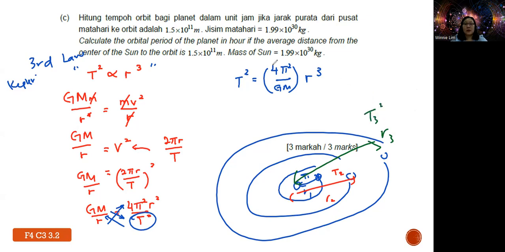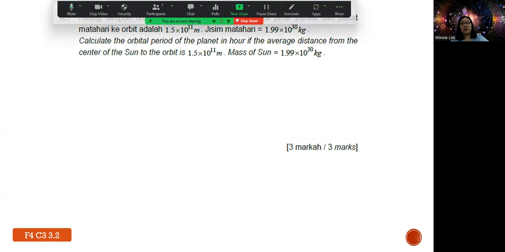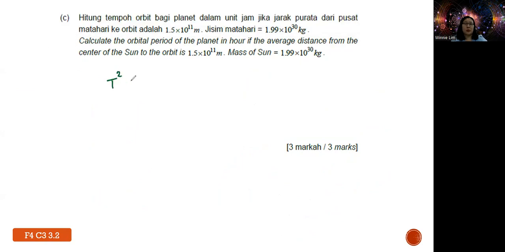Yeah, of course, we will use this formula for calculation now. Okay, so if you were to sub everything correctly into the equation, like just now teacher showed, t square equals to 4 pi square over GM, then whole thing times r cube. So the pi, you can use the pi in calculator.